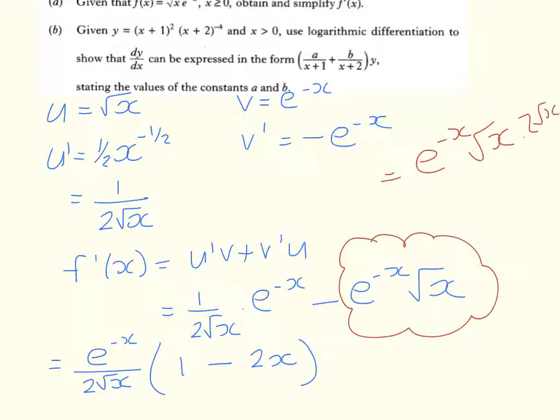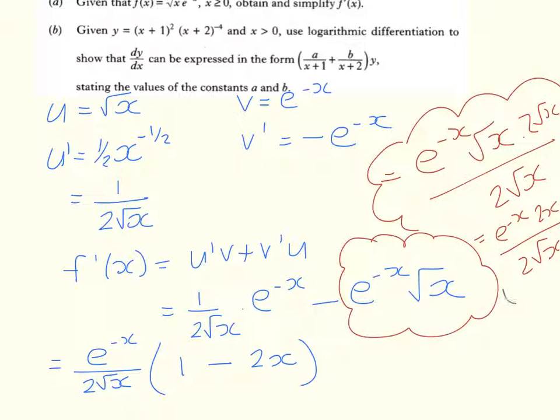Times by 2 root x over 2 root x, which would give me e to the minus x. Root x times root x is x, so that's times 2x, all over 2 root x. And you can see that the common factor is removed, multiplied by 2x. Okay, that was part A.